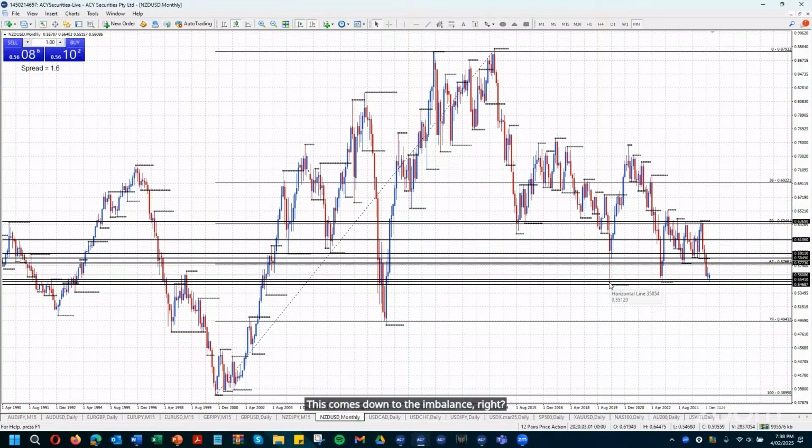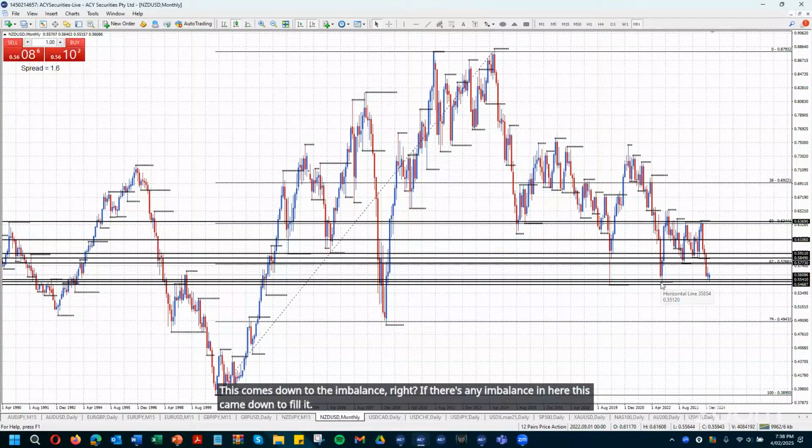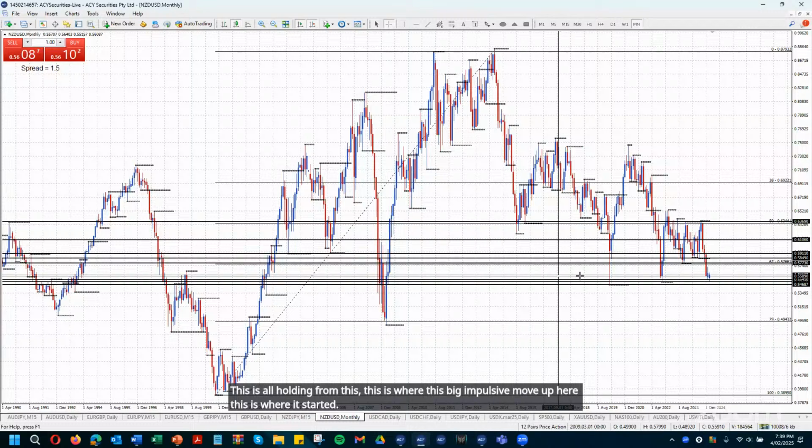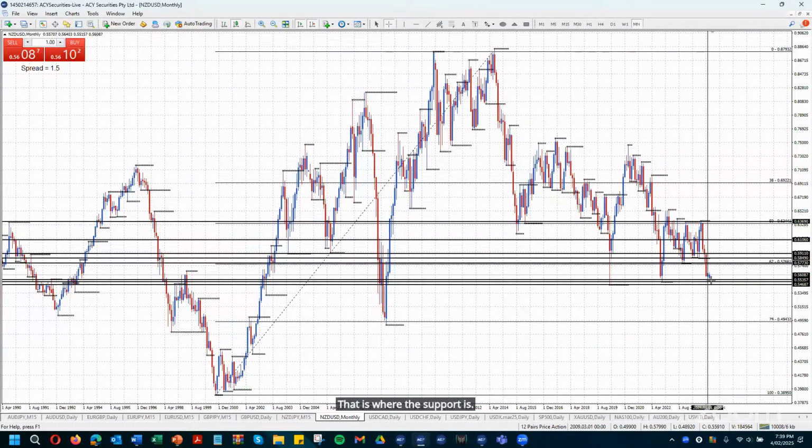If there's any imbalance in here, this came down to fill it. Then it comes up. This is all holding from this. This is where this big impulsive move up started. That is where the support is being held.